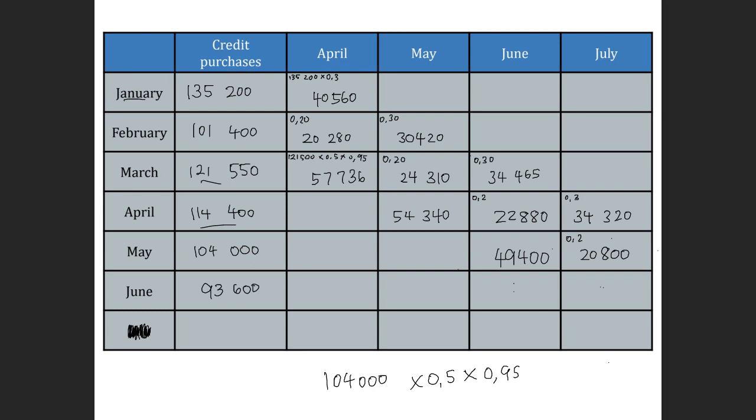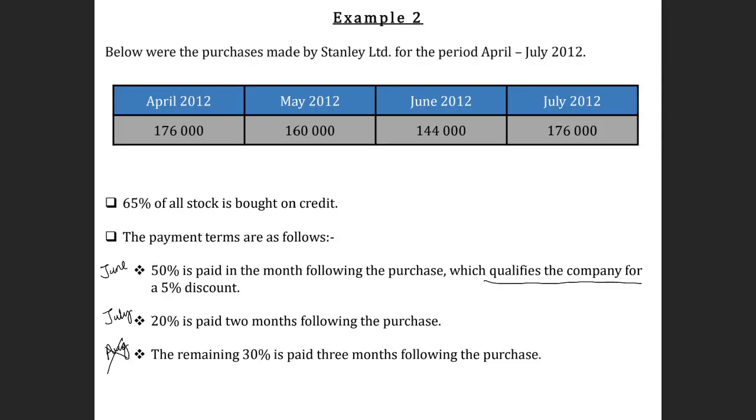And then the last one was the 93,600 for June. So if the sale took place in June, then the only payment we would include in the schedule is the first one, which was the payment of 50% in July. This would have been August and this would have been September. So those are not included.